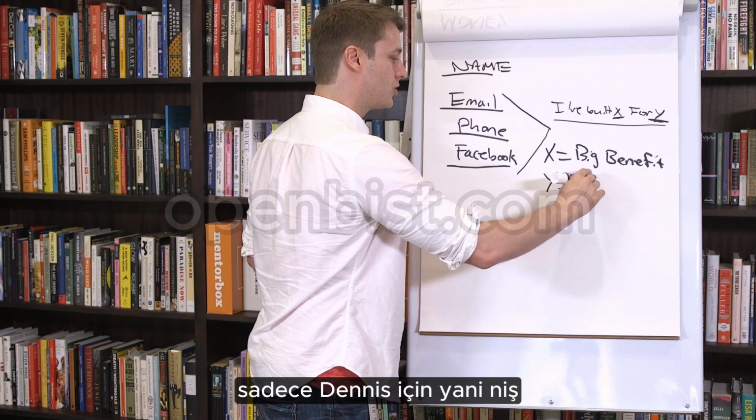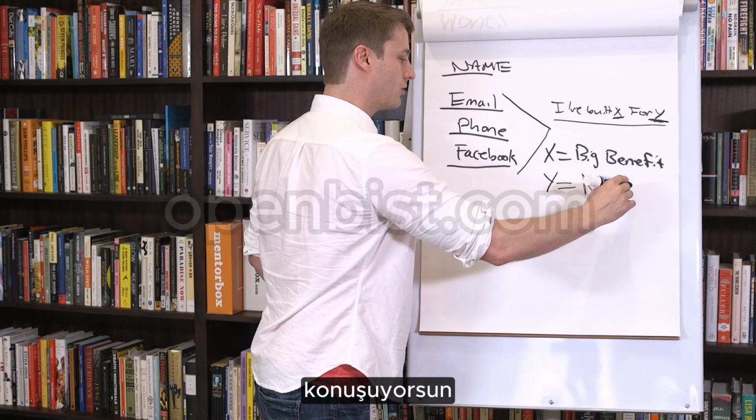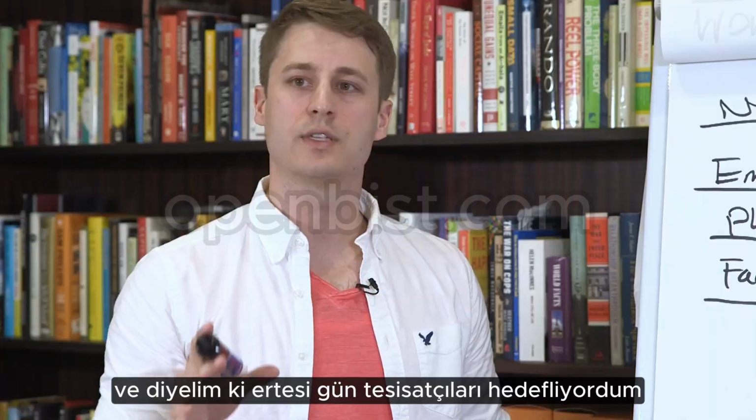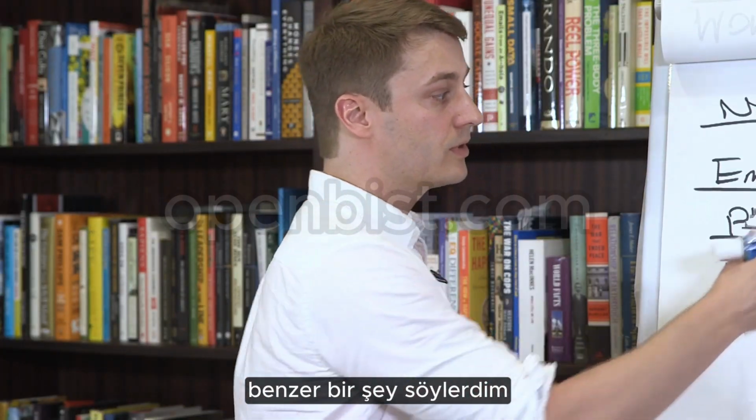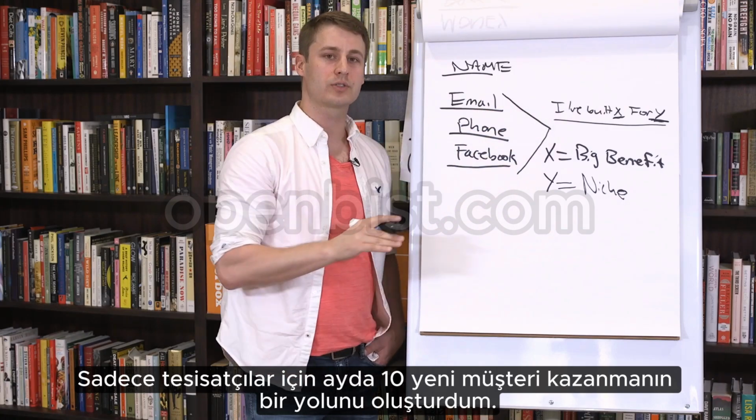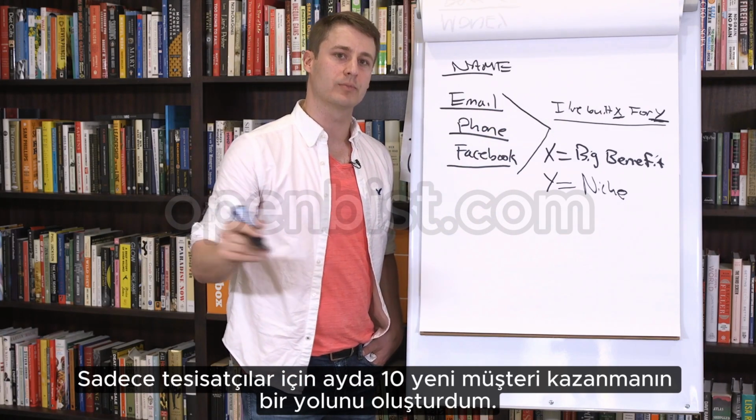So the niche you're talking to. And let's say the next day I was targeting plumbers. I'd say something similar, but I'd say I've built a way to get 10 new customers a month just for plumbers.